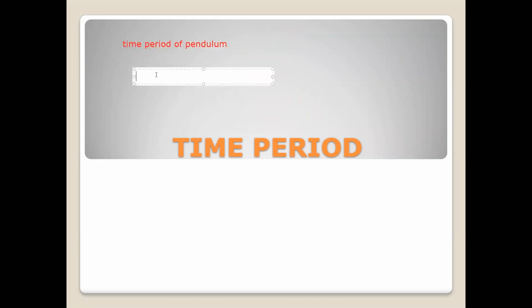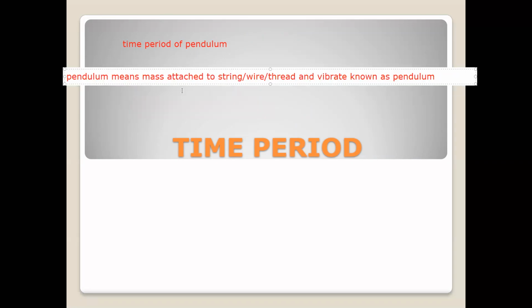The term pendulum means a mass attached to a string or a wire or a thread that vibrates. So any mass which is attached to a string or a wire or a thread and vibrates, moving to and fro, we call a pendulum.